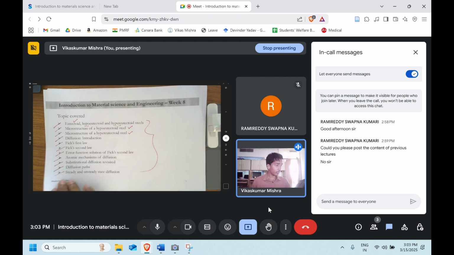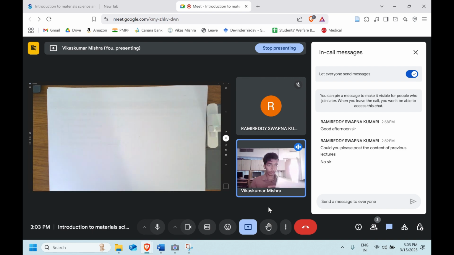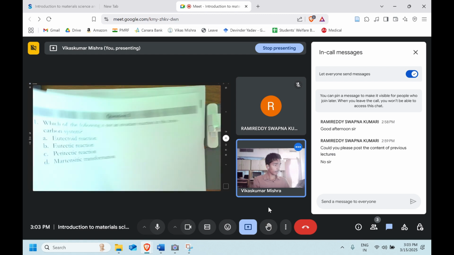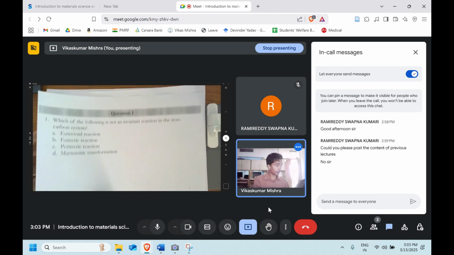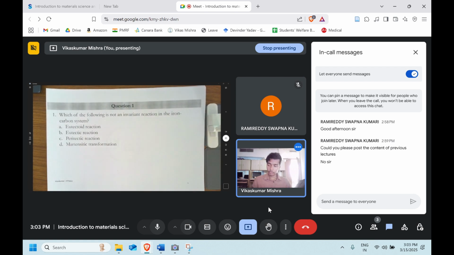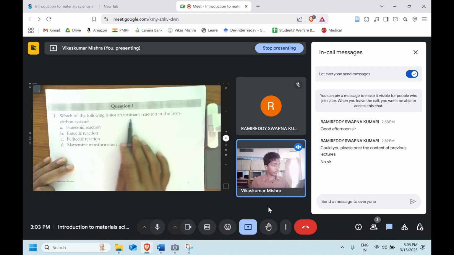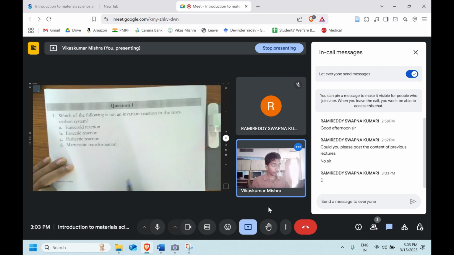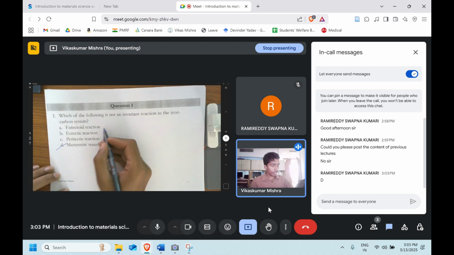Okay. Since there is no doubt, let's move to question number 1. The question says: which of the following is not an invariant reaction in the iron carbon system? Martensitic transformation. Yes, very good. Because the remaining ones we have seen: at very high temperature, the peritectic reaction takes place.